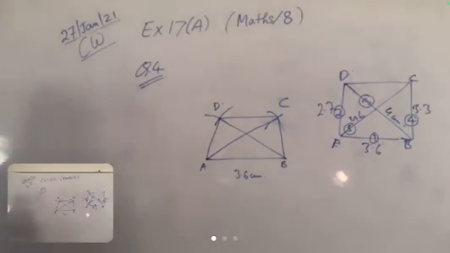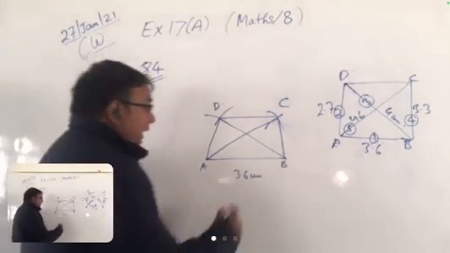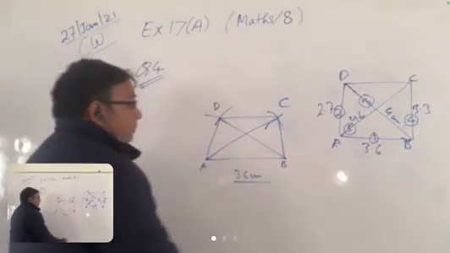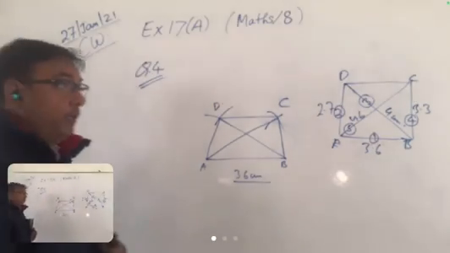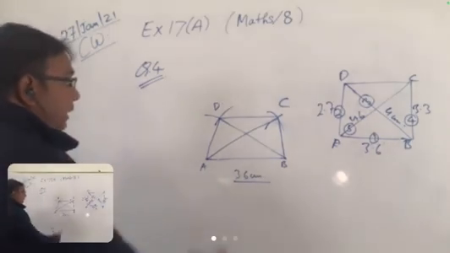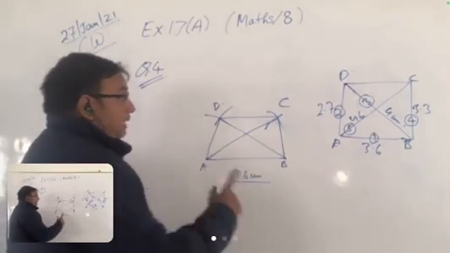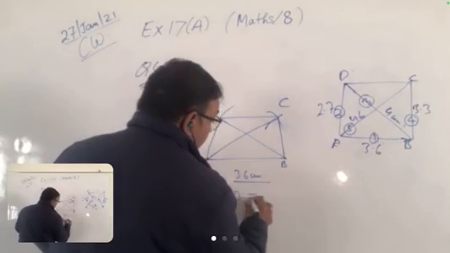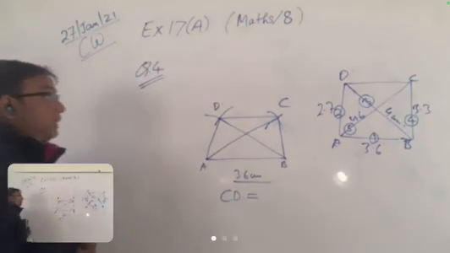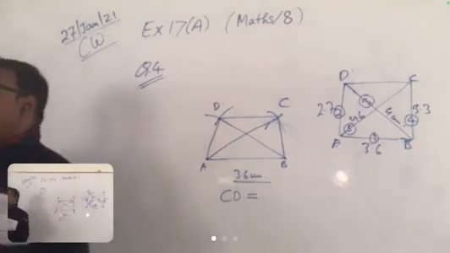Yes, I want to know कि everyone सबका बन गया कि नहीं बना? Sir, I am doing. Okay, you are doing. And after completing this construction, you can measure CD, what is the length of CD?